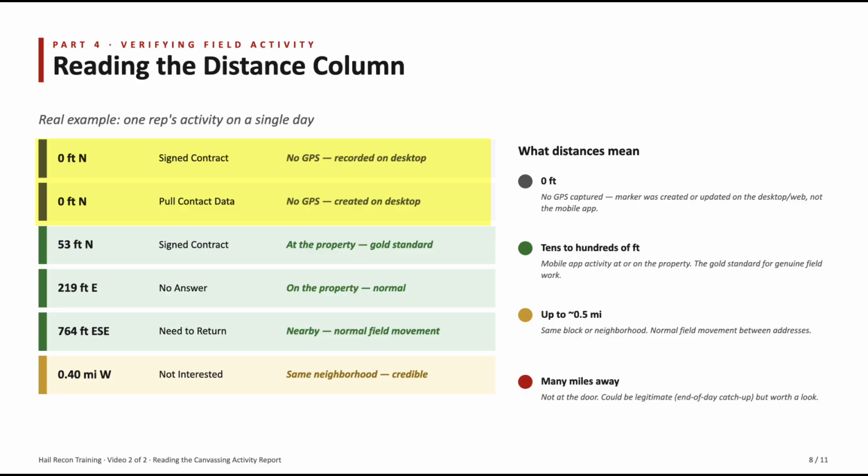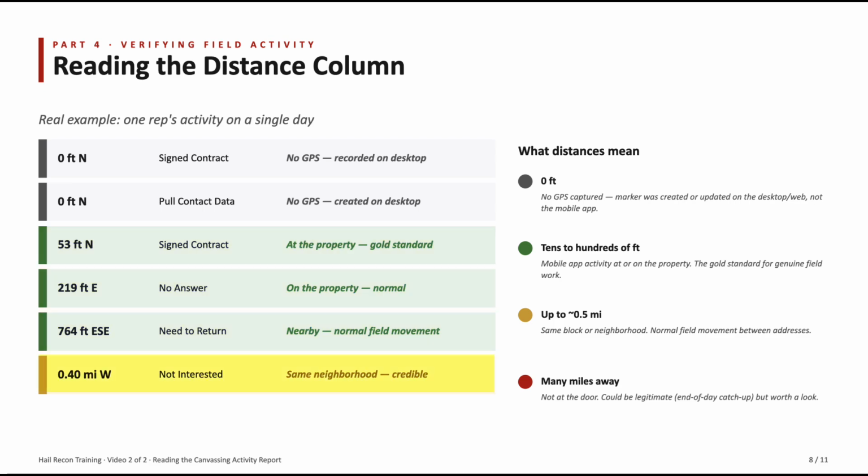The entries to focus on are the ones with real distance readings. 53 feet north, 219 feet east, 764 feet east-southeast. Those are mobile app activity at or near the property. GPS isn't perfectly precise, and reps move around as they work an address, so a few hundred feet is exactly what you'd expect for genuine field activity.